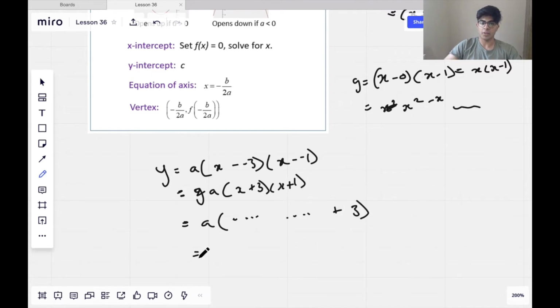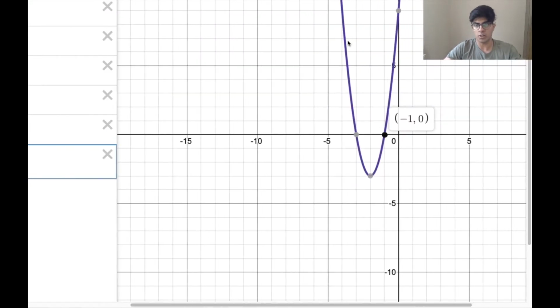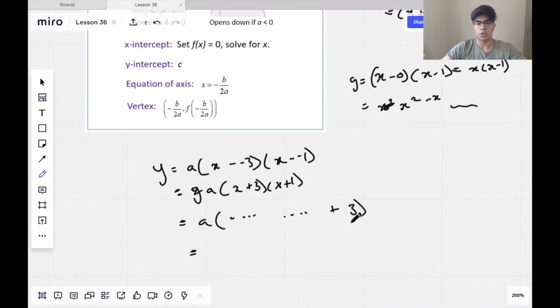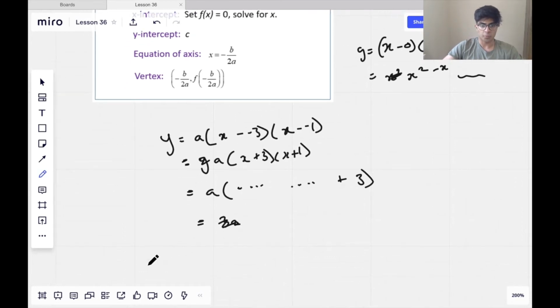And that means your y-intercept is, if a was 1, your y-intercept would be 3, right? But you look at the graph, and in this case the y-intercept is (0, 9). So it's 3a, so when x equals 0, y equals 9.